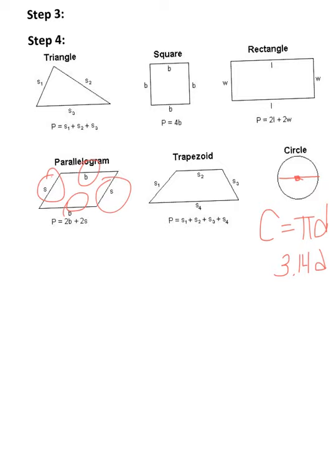So whatever the diameter is, you would simply multiply it by the 3.14. And then that is what the perimeter of a circle is. So again, perimeter of a circle is different from all the other figures in this picture. So make sure you are aware of that.